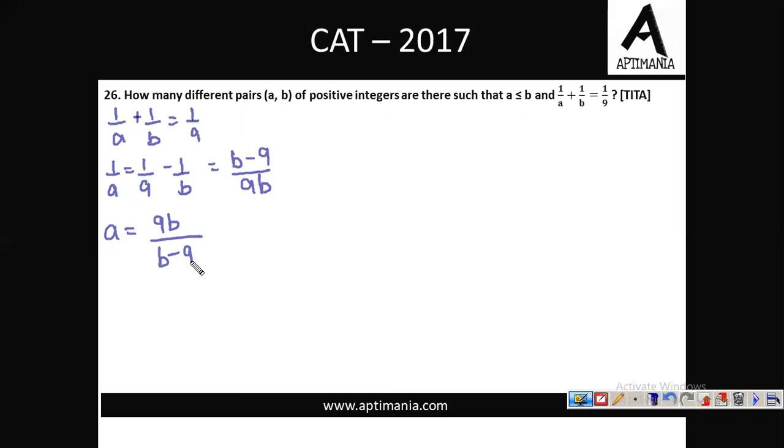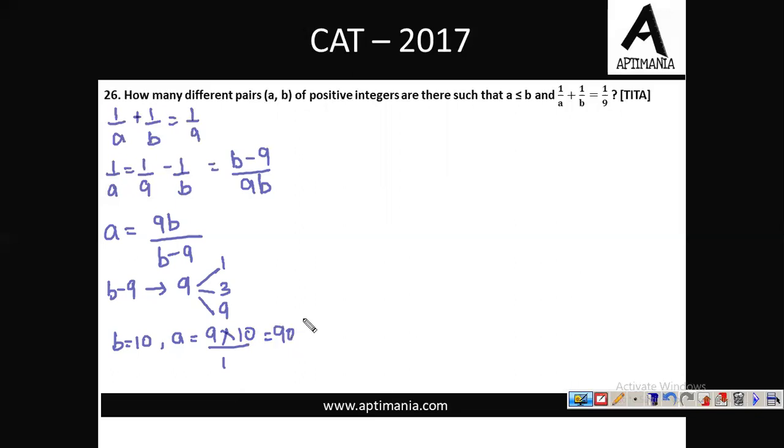So considering the first case, B minus 9 is a factor of 9. Now factors of 9 are 1, 3 and 9. For B minus 9 equal to 1, B must equal 10, and putting B equals 10, we'll have A equals 9 into 10 upon 1, which is 90.